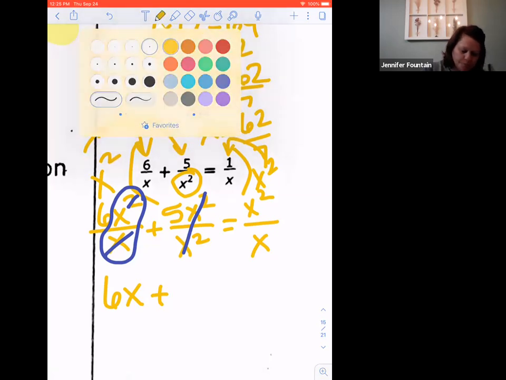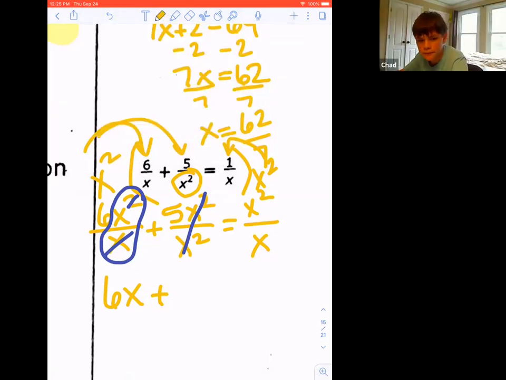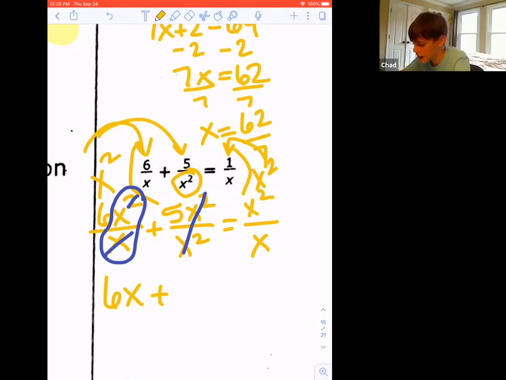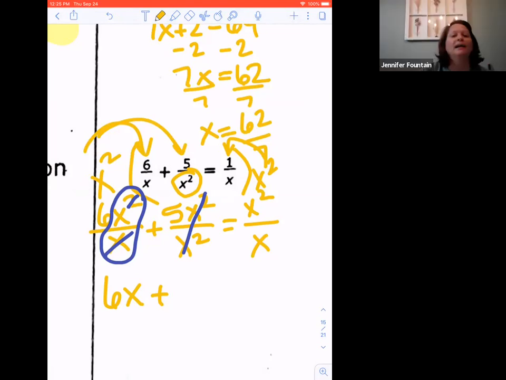Are you good? I was wondering why x squared was on the bottom, but I remember that 5 was over x squared in the beginning. Yeah. There you go. Good job. So we just end up with a 5 there because our x squared over x squared cancels.